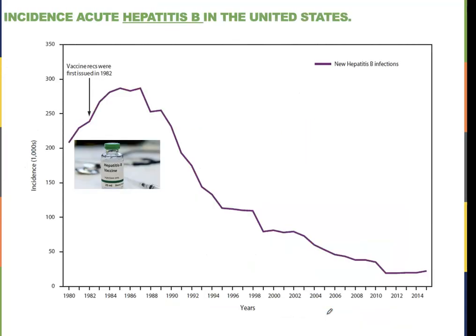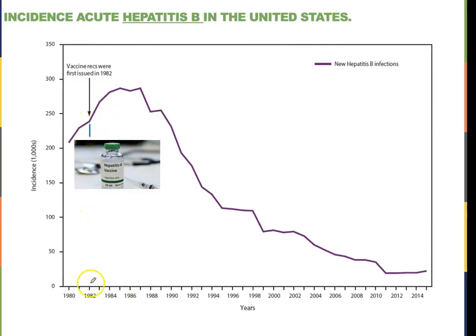Okay. And then this is Hep B. So this is how vaccines are so wonderful, right? So here we have our vaccines first issued in 1982, right? And then we had the levels go up and then down. Why the levels went up, I'm not too sure, but maybe the trend was going up anyway.